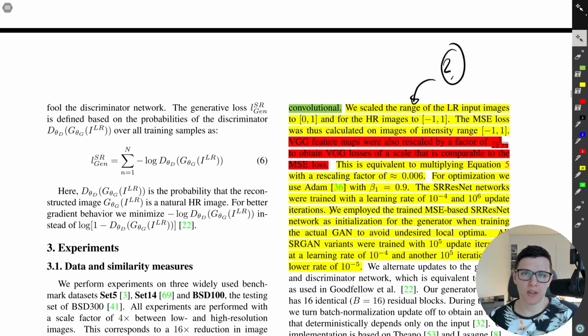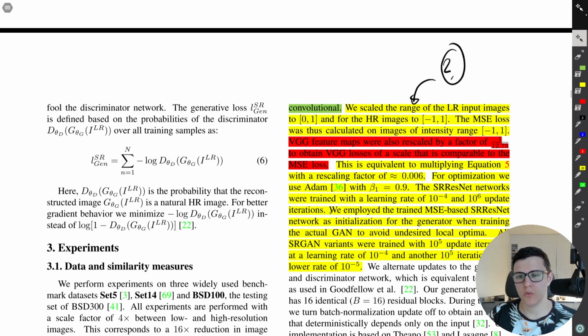All right, so what they did is that they trained this MSE-only network, only training the generator, no GAN. And then they introduced the GAN, and they replaced the MSE loss, as we saw previously, with a VGG 19 feature representation of the image. And then additionally, they add the GAN loss.